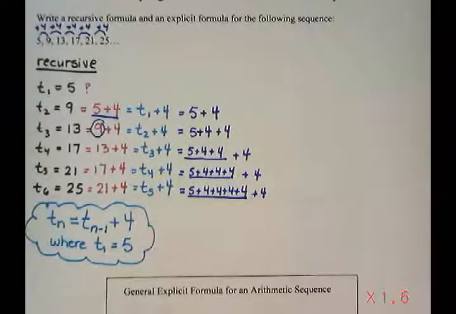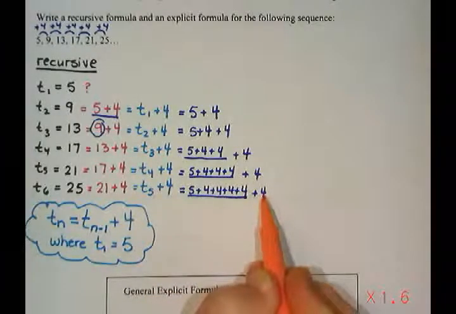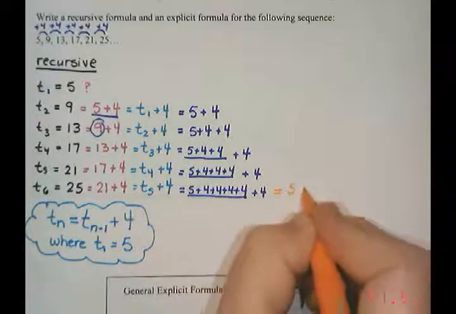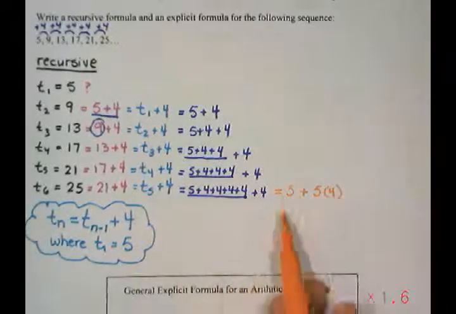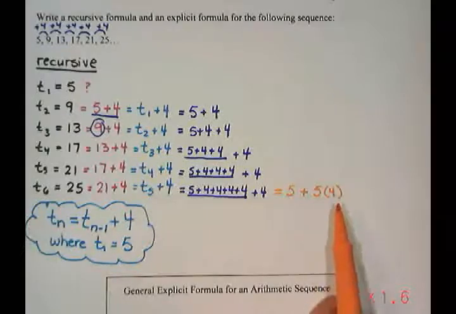So I'm going to try to find a slightly easier way to write this where I don't have quite as many 4s that I have to write down. I notice in the last one there are 1, 2, 3, 4, 5 4s. So I've got 5 plus I have 5 4s. So instead of writing 4 out 5 times, I can just put 5 times 4, or I have 5 4s.